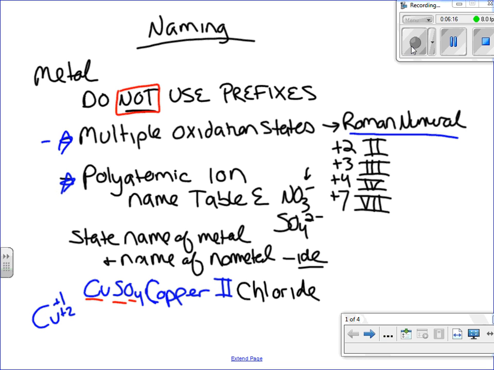In order to name anything with 3 capital letters that has a metal or a polyatomic ion in it, you need to go to table E. If I look up table E, I see that this is no longer chloride. This is copper, I'll keep the 2 there. This is copper sulfate. Polyatomic ions do not change their name and they do not let go. That means it's sulfate on one side, it's probably going to be sulfate on the other. So you just pull the name right from table E.